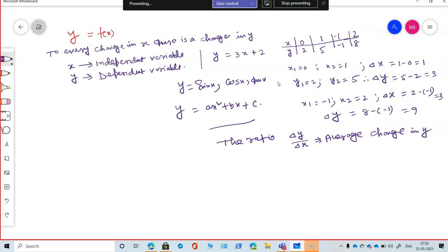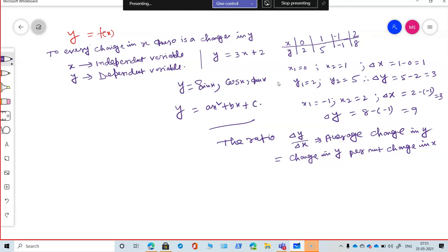So what is the meaning of average change? Average change means change in y per unit change in x. This is called average change in y.